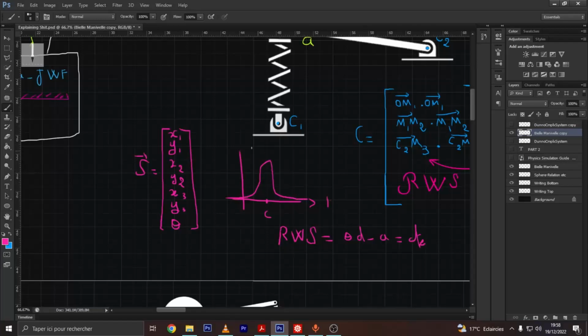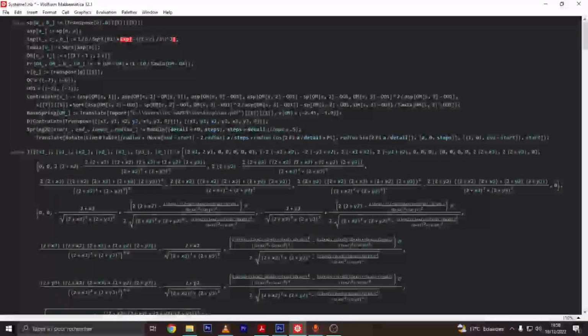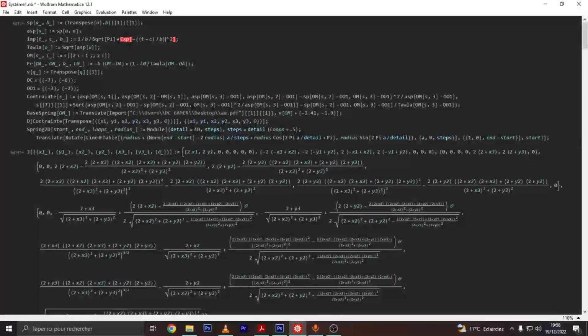This is t, and this is impulse of t, c and b, because b is a characteristic of this width. Of course, b defines this function. It's the exponential of whatnot. You can just find it on Google. It's such that the area underneath it is equal to 1 or something. I forgot. Anyways, it's just an impulse.